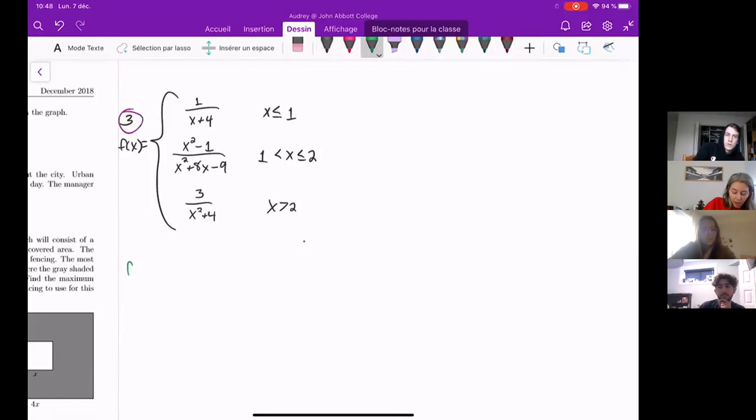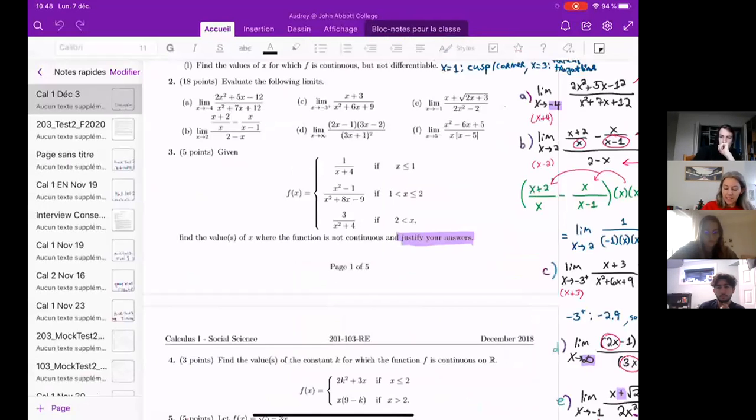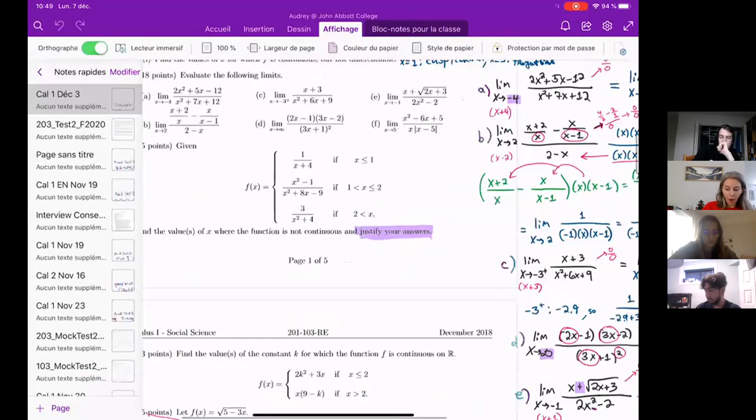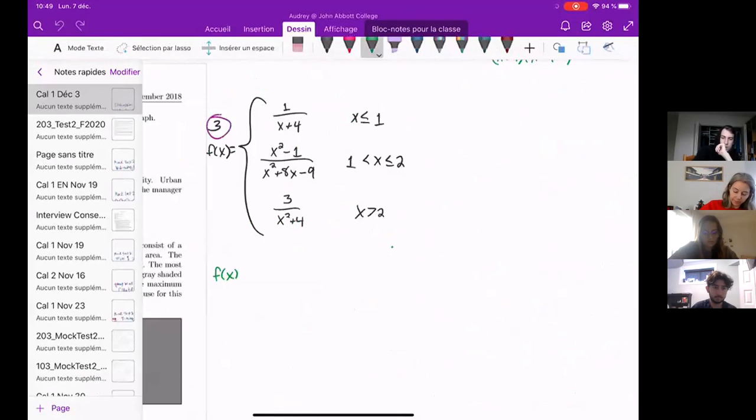If f of x is continuous at c, at x equals c, if what? What has to be true for a function to be continuous? And you guys had to write this on the midterm, I'm pretty sure. You got it.